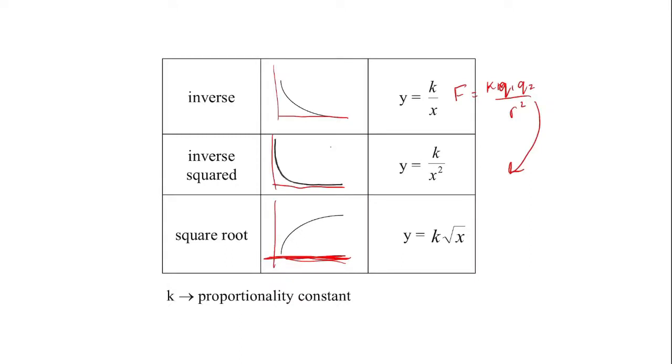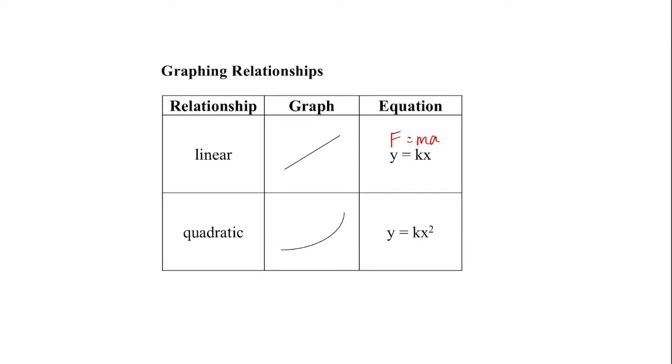So the thing is, at this point, even at a Math 30 level, you can kind of deal with these graphs, but linear graphs are always the best. They're always the ones that help us analyze data the most. So if I have something like an inverse or an inverse squared or a square root graph, I want to turn it into a linear graph, because we know this from Math 10, y equals mx plus b.